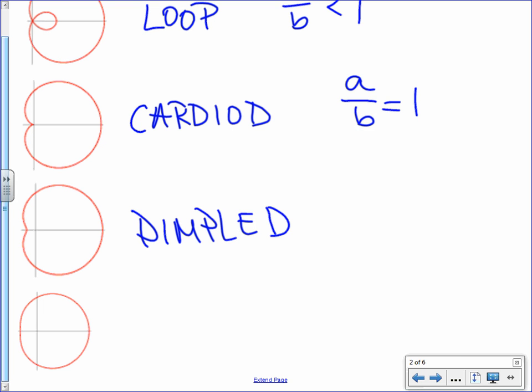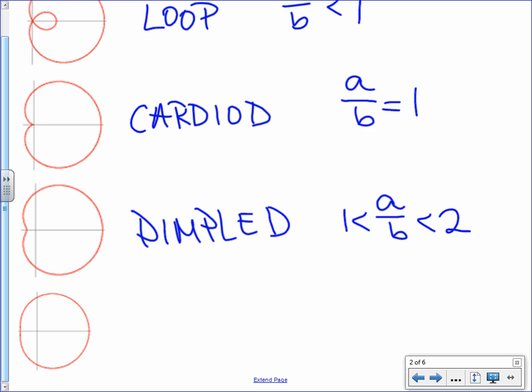Okay? This happens when A divided by B is obviously more than 1, but it also has to be less than 2. If it's in between 1 and 2, then it's dimpled. Okay? The last one right here looks very similar, except this one has a little bit of a dimple.